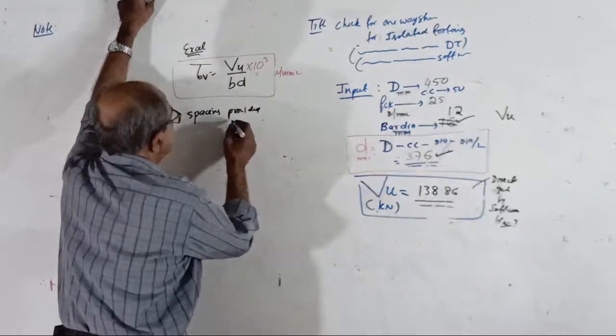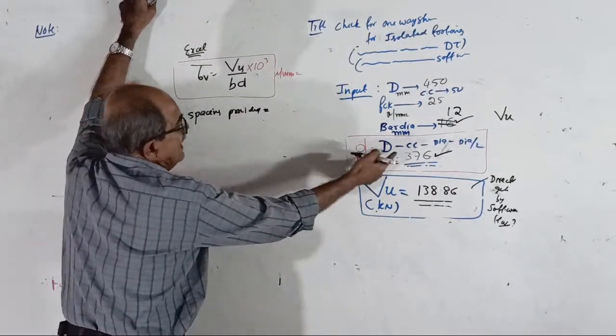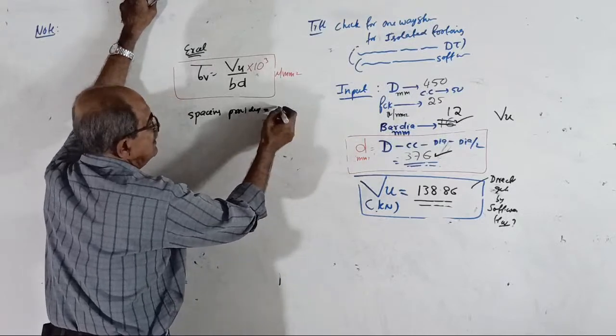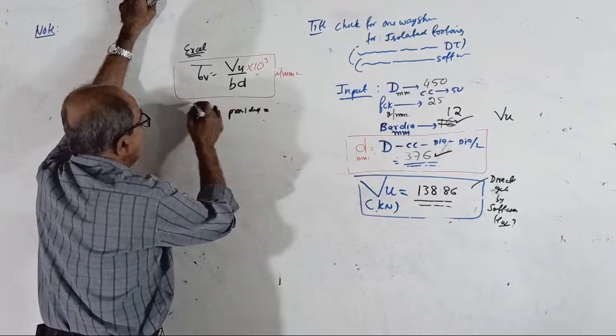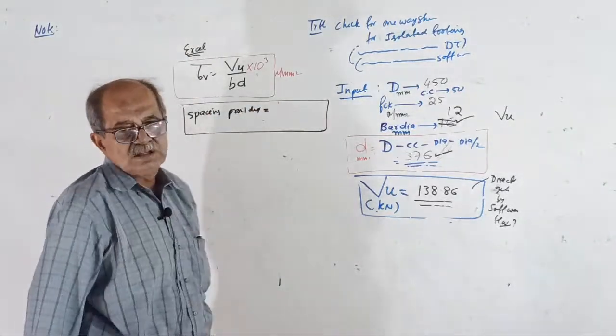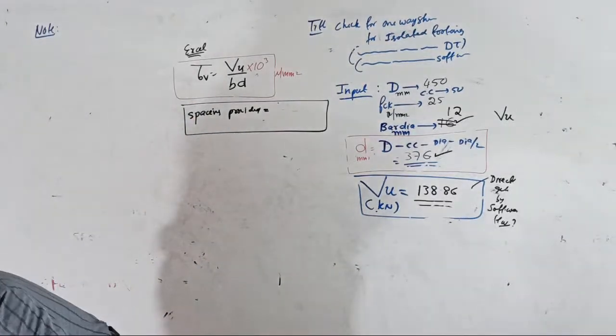Now, spacing provided equal to, for the diameter I told. Tell the answer. Spacing provided. How much did you type for lengthwise bending for spacing provided? Final spacing provided.